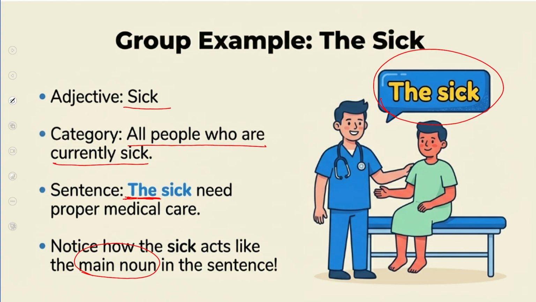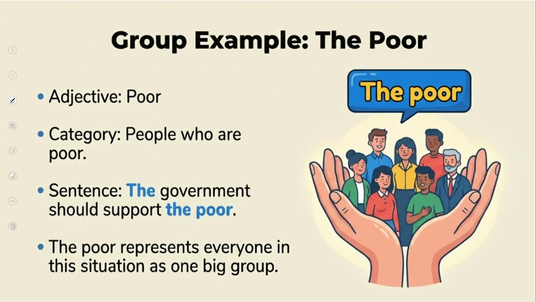Can you see? The sick need proper medical care. So the sick in this case is the noun. They have transformed themselves into a noun and they represent a whole category of the people who are sick.